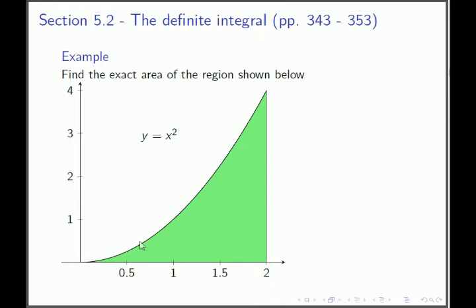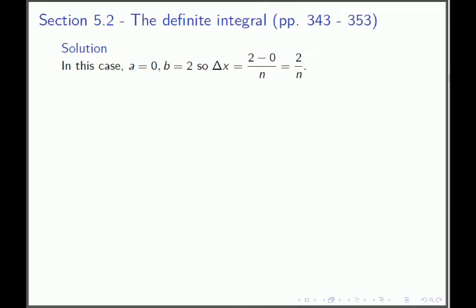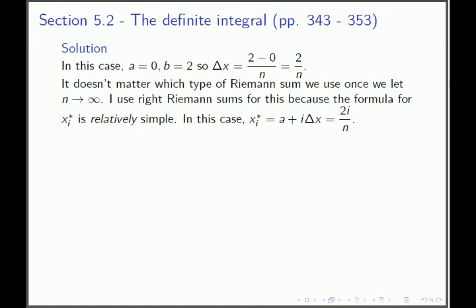So we're going to compute the exact area of this region under the parabola y equals x squared from 0 to 2. Now in this case, the left endpoint was 0 and the right endpoint was 2. a and b are 0 and 2. So delta x is just 2 over n. And again, in this business, when we're taking n approaching infinity, it doesn't matter which type of Riemann sum we choose.